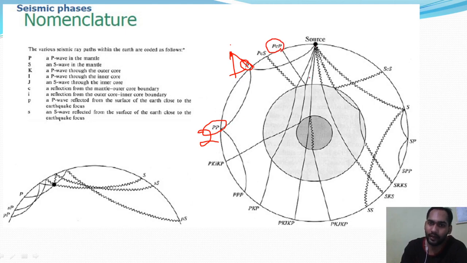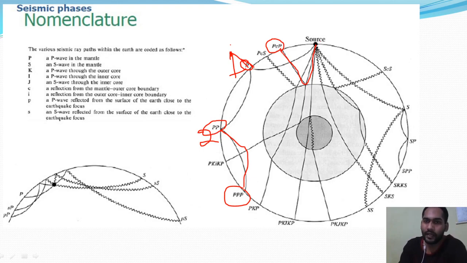Like here, it came as P, then reflected from the mantle outer core boundary. So it is PCP. But if it came as P, then again reflected from the surface and traveled in the mantle, then it is PP. Similarly, if it reflects again, it will be named PPP. That means it is reflected from the surface 2 times, right?